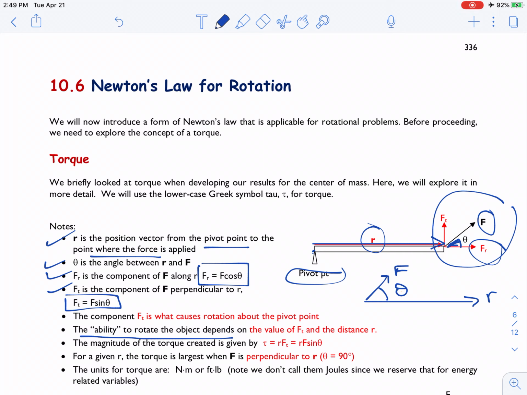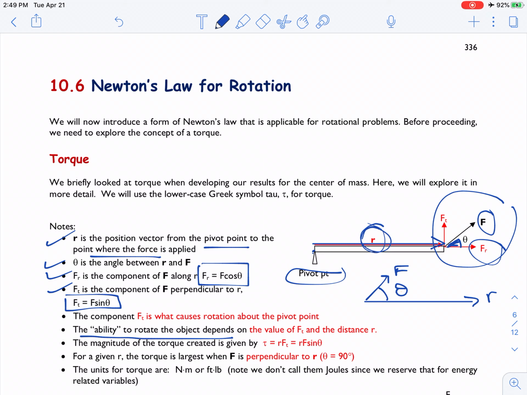And when you look at it, that means the component of force which is perpendicular to the moment arm, this R here, will have an ability to rotate the object. It will have a contribution to torque or moment.